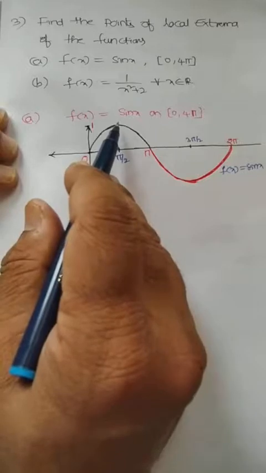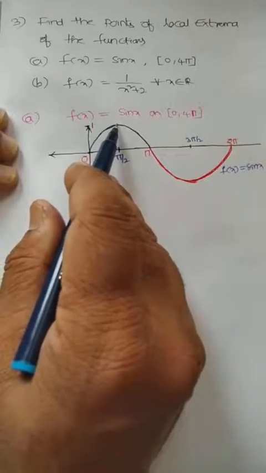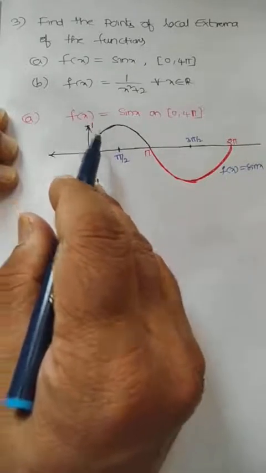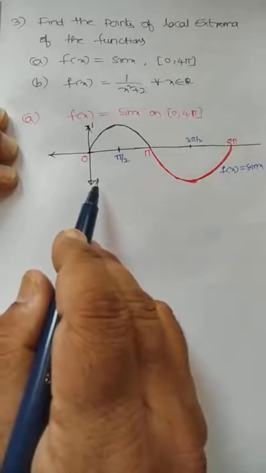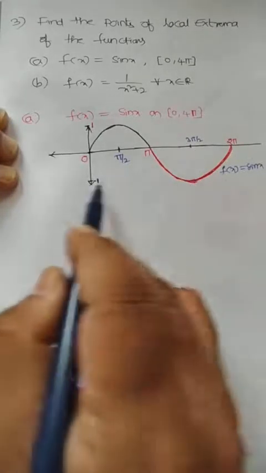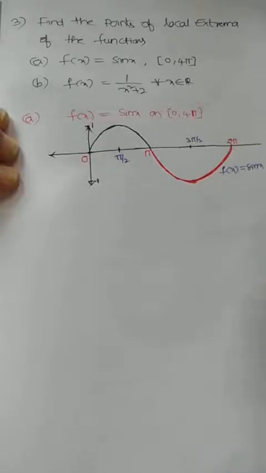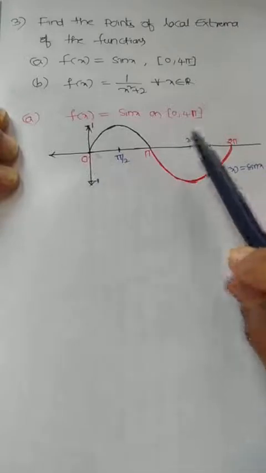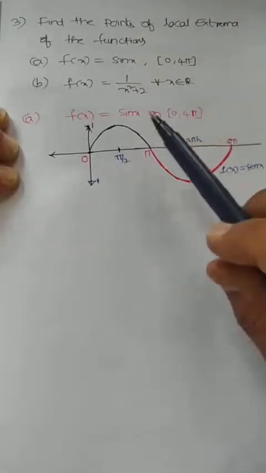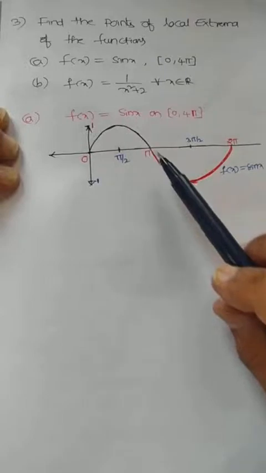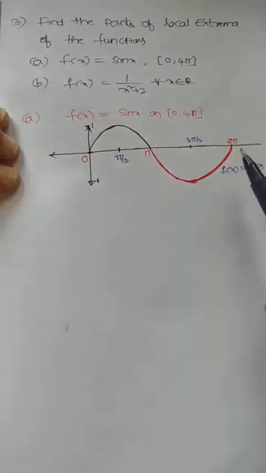It attains the maximum value 1 at pi by 2, and the minimum value at 3 pi by 2. By observing this graph we can understand the global maxima and global minima for the given function sin x in the interval 0 to 2 pi. We have one global maximum and one global minimum here, and now we are finding the local extrema for the function f of x equals sin x.